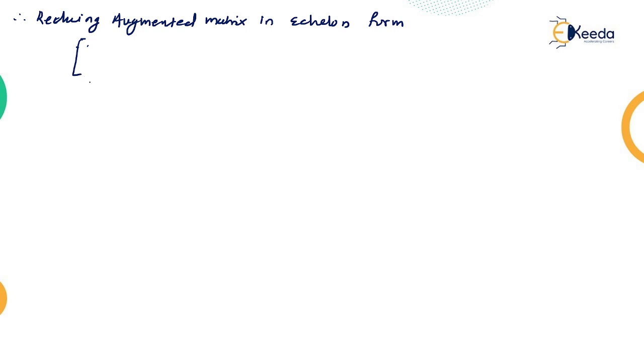So, reducing the augmented matrix in echelon form. The augmented matrix is now as follows.